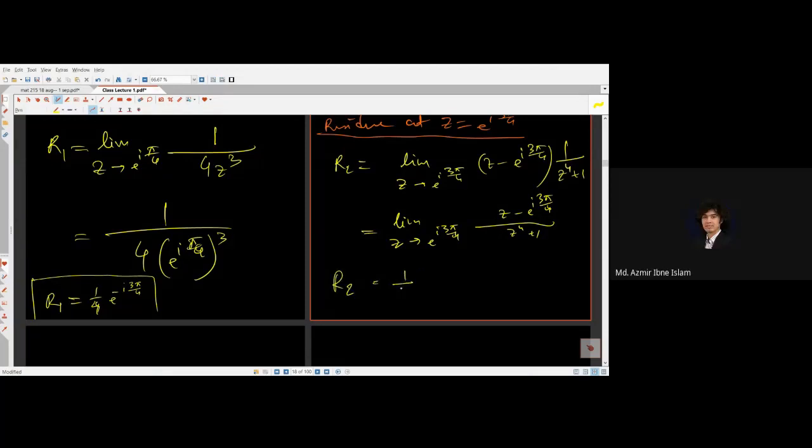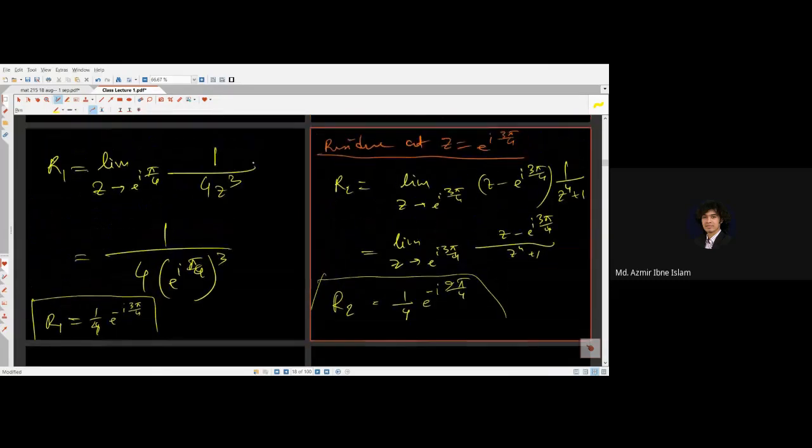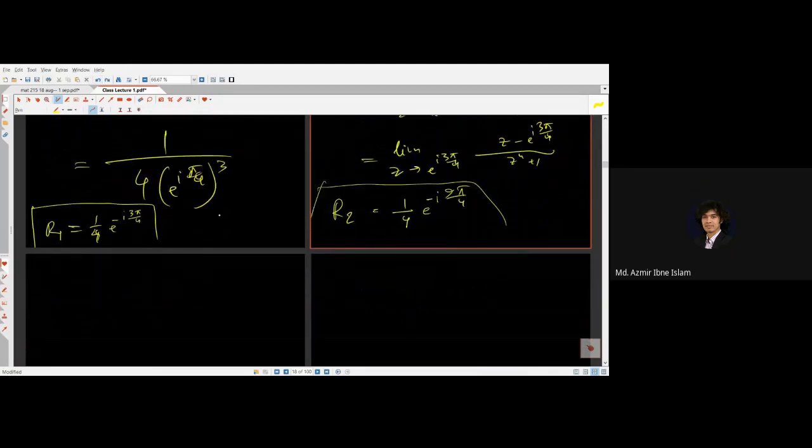It will be 1 by 4, and depending on this part, I can understand that it will be e to the power negative I 9 pi by 4. Is that okay? You will get this one, because again we are going to find 1 over 4Z cube if we differentiate this part. Just the difference is here.